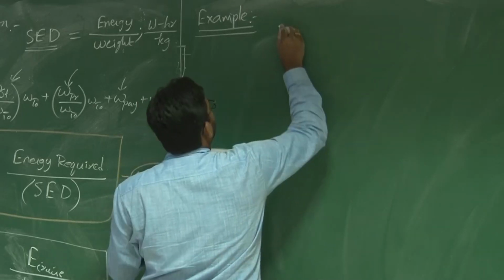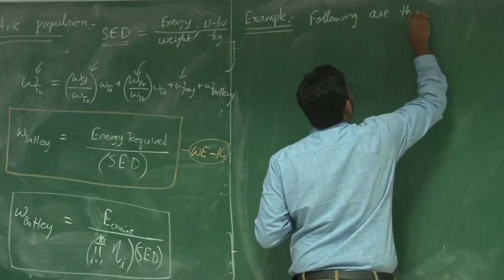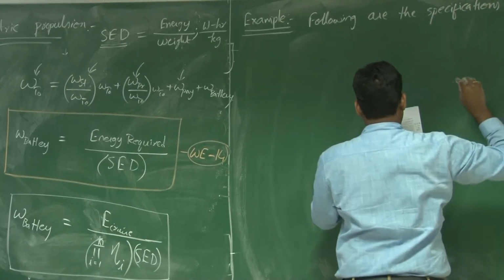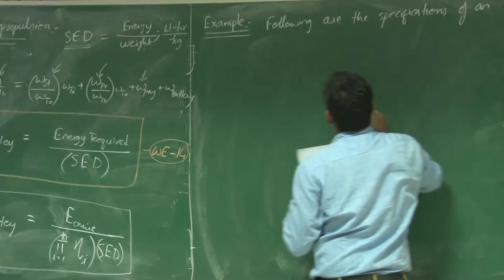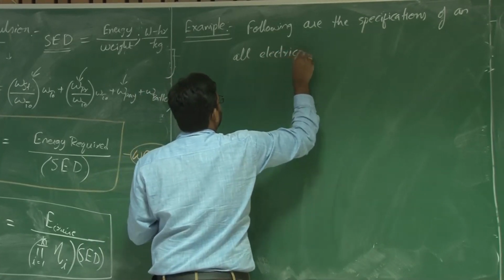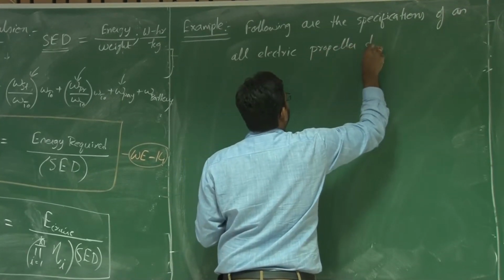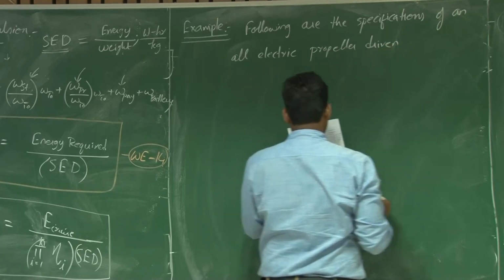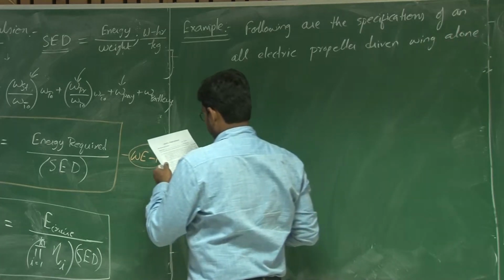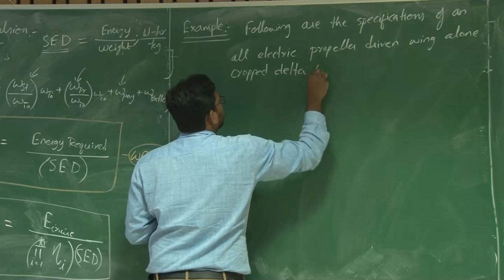Example: following are the specifications of an all-electric, propeller driven, wing alone, cropped delta UAV.